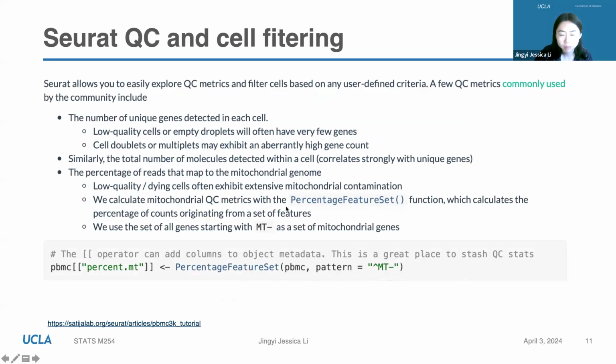Then you have a total mitochondrial count, and the percentage is the mitochondria total count divided by the total count of all genes, converted to a percentage. Seurat does this step using its own function.